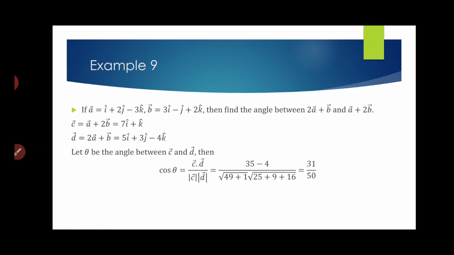Cos theta is basically C dot D by mod C mod D. And if we do our calculation, the cos theta value comes out to be 31 by 50. And so therefore, the angle is cos inverse 31 by 50, and we can leave our answer to that. We need not calculate any further. We can just leave our answer here, cos inverse 31 by 50, which is going to give us some angle. Whatever the angle be, it is going to be some angle.